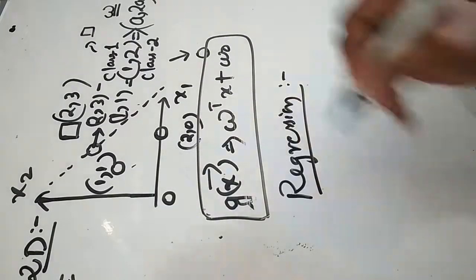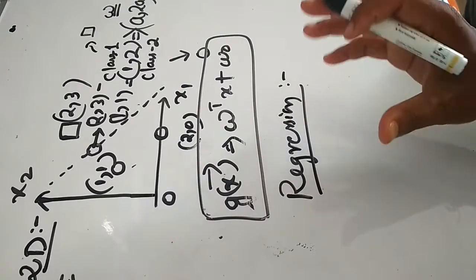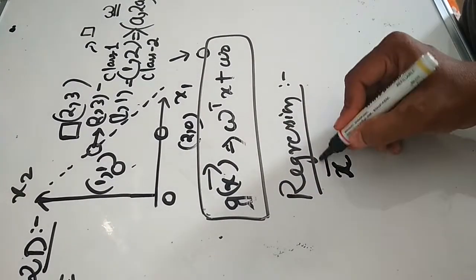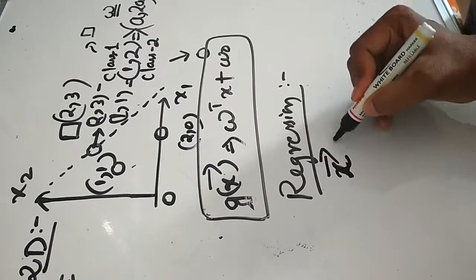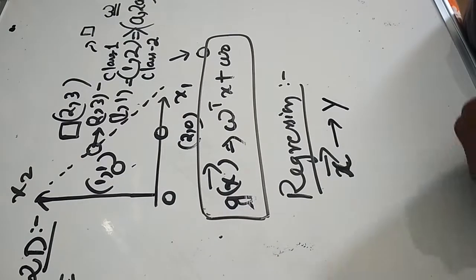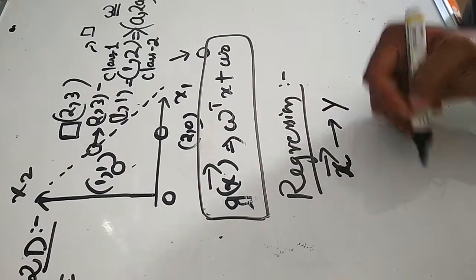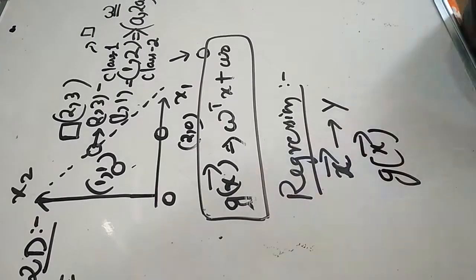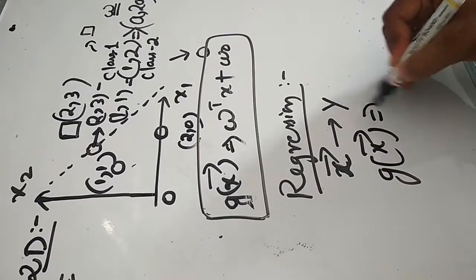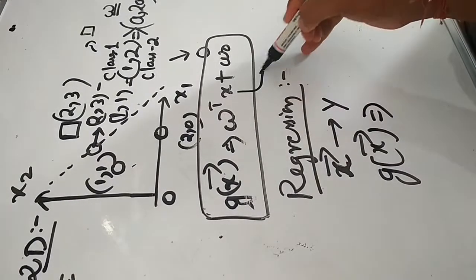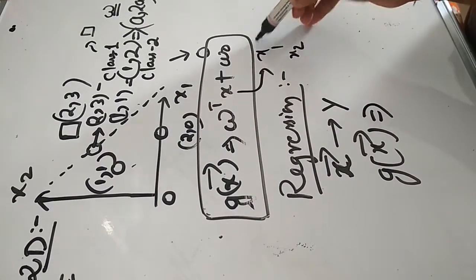Regression is the relation between the input vector and the output y. Here our output or response is gx, and our input vectors are x1 and x2.